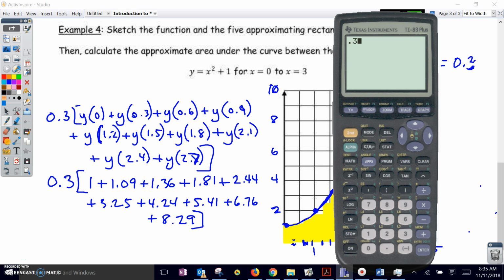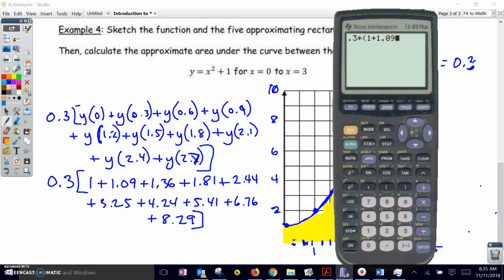And so we got 0.3 times 1.09. And with more calculation work like this comes more opportunity for error.